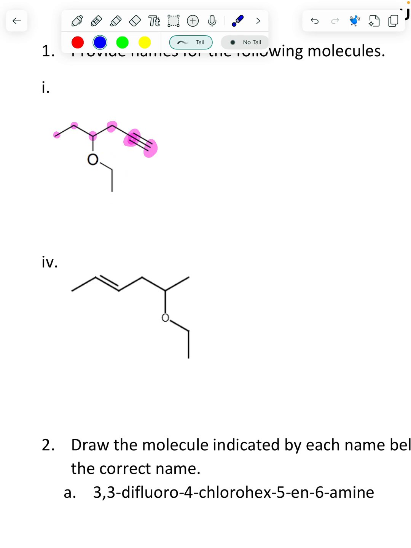So first I'm going to label these carbons, and we see that there is a triple bond right here, which is a priority group. So this needs to have the lowest number. So we're going to start labeling right here, and it's going to be 1, 2, 3, and so on.